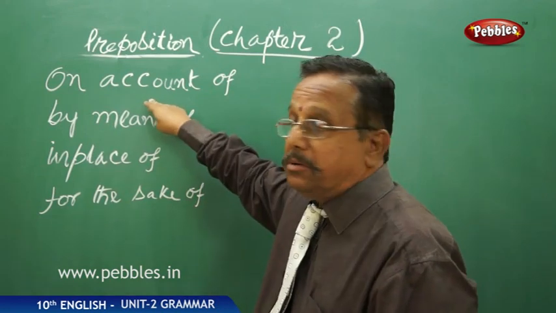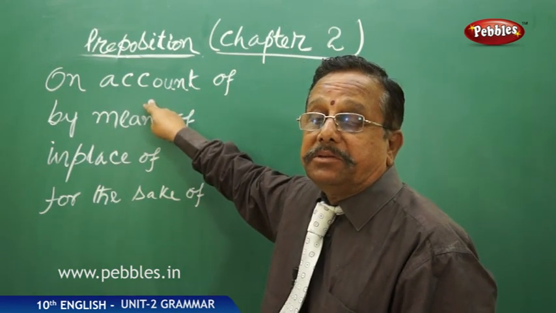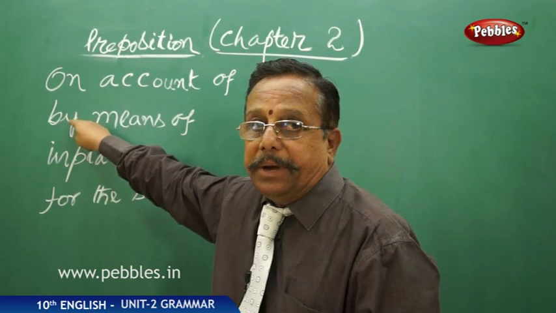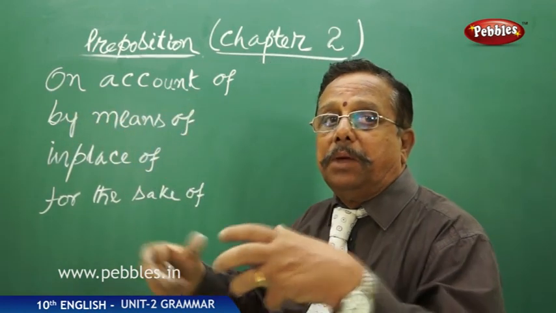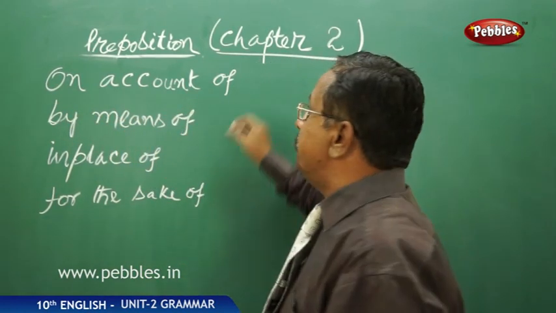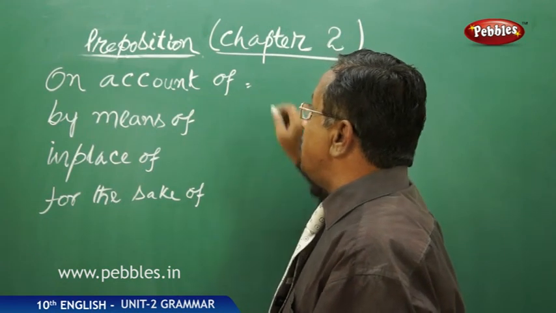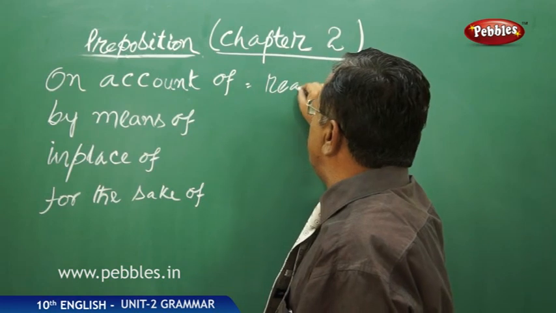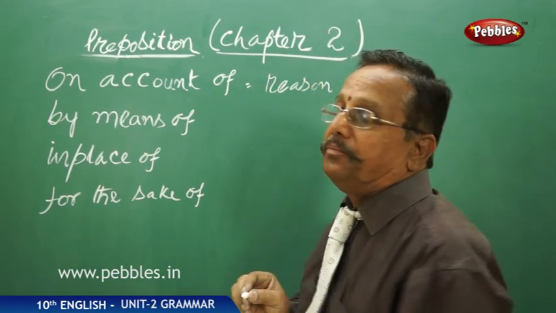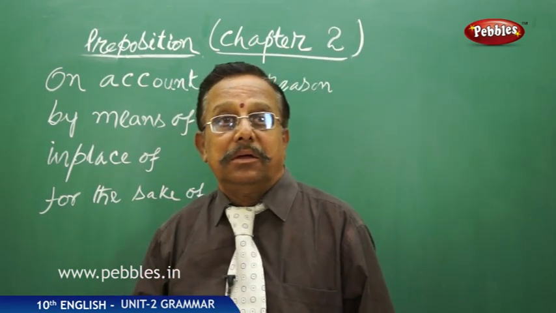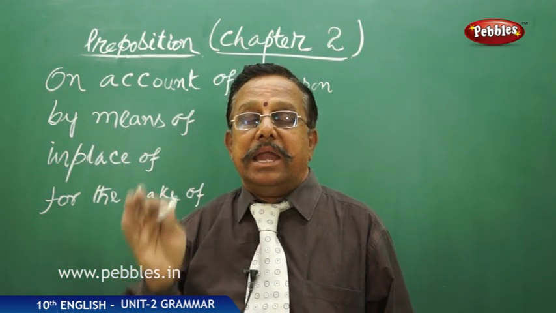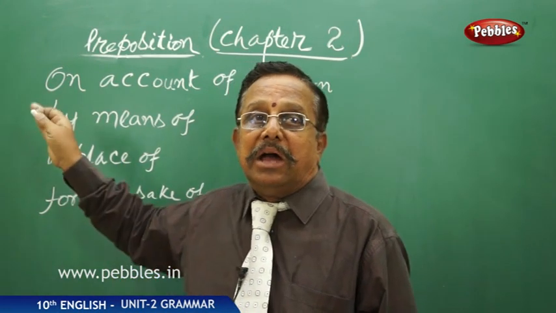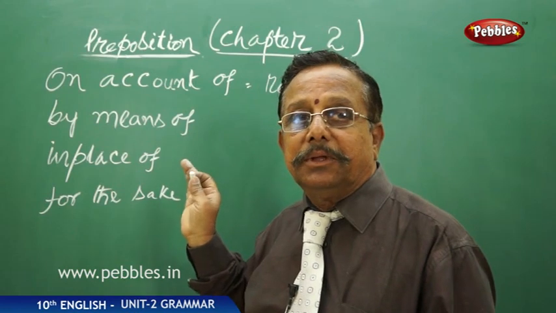See, the account, we know the meaning of this, that is separate. On is separate, of is separate, but when these three put together, that is, on account of, we say for the reason. Right? He lost an academic year on account of his failure.